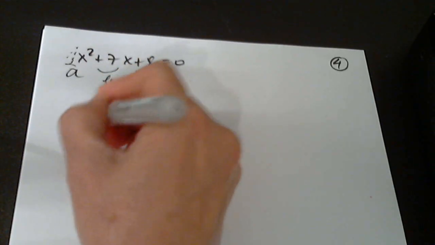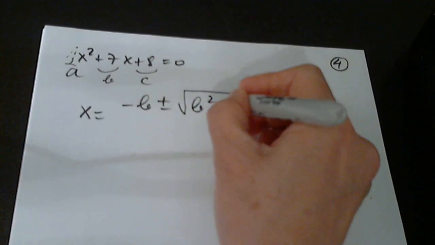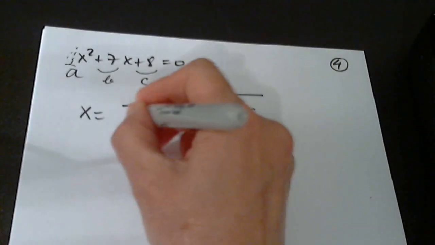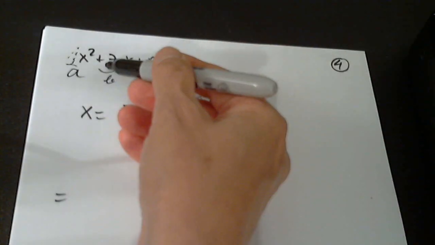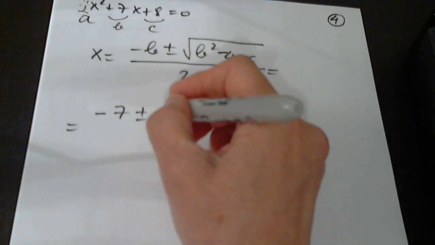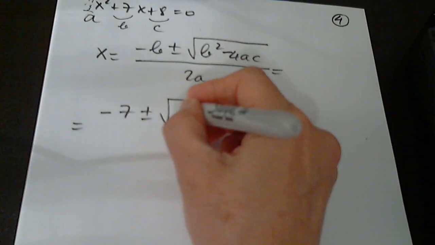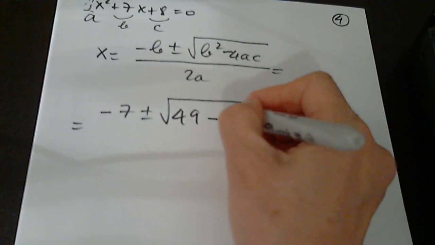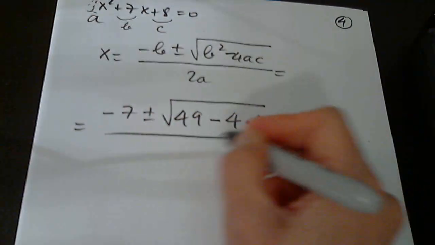So then I have to write x equals negative b plus or minus the square root of b squared minus 4ac over 2a. Negative b, negative 7, plus or minus the square root of 7 squared is 49 minus 4 times a and c is 8 over 2a, which is 2.